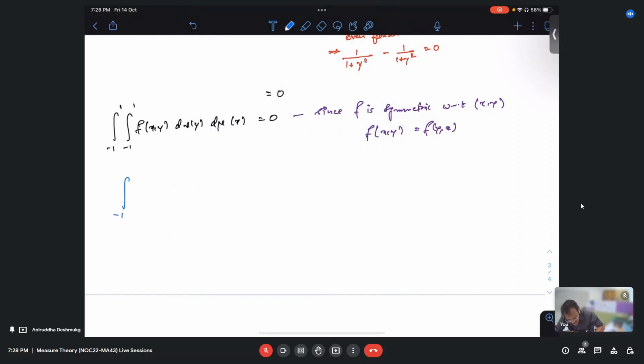We have established that the two iterated integrals, either we integrate x first and then y, or we integrate y first and then x, d mu y, d mu x, are equal. So now the question is, can we conclude from here that f is in L1?